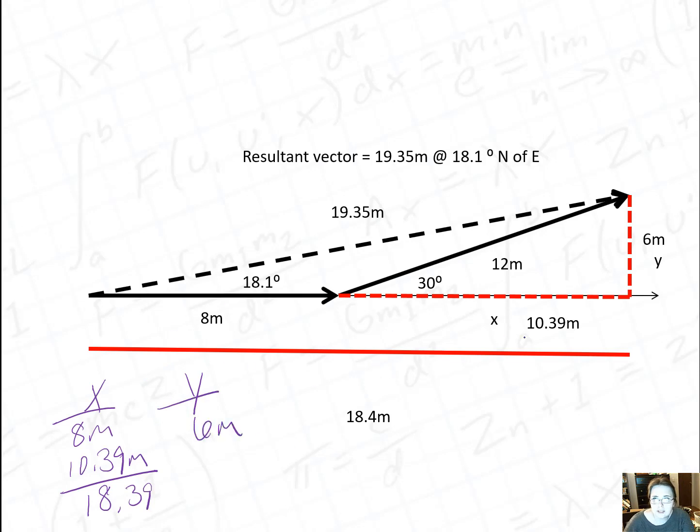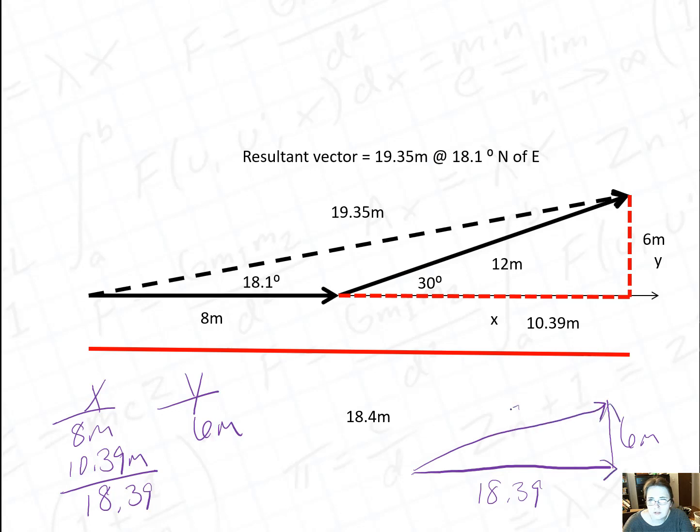So then we can put these together. So we're creating a new triangle. This is 18.39. This is 6. And then like that. We're looking for C right here and this angle right there.